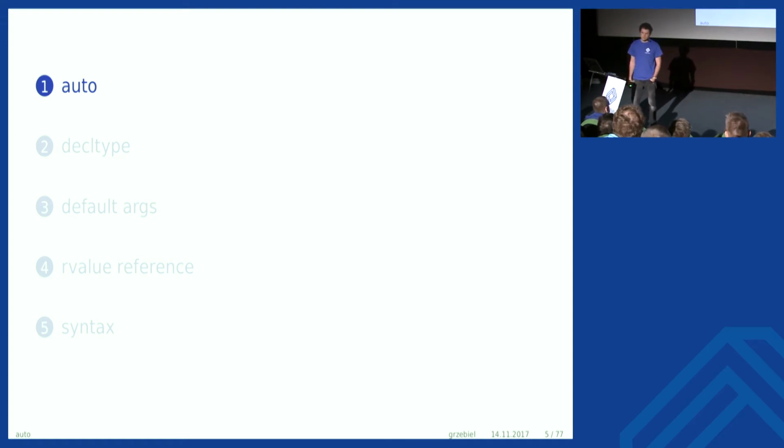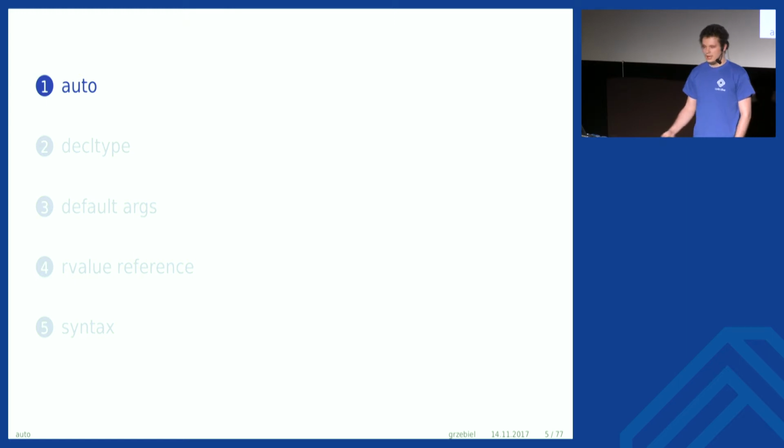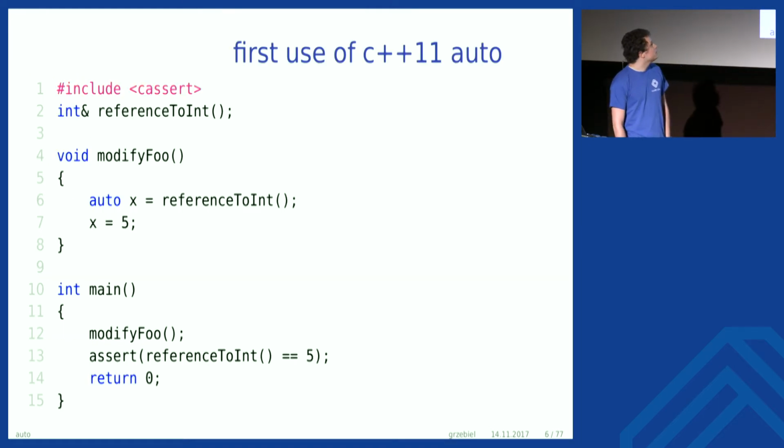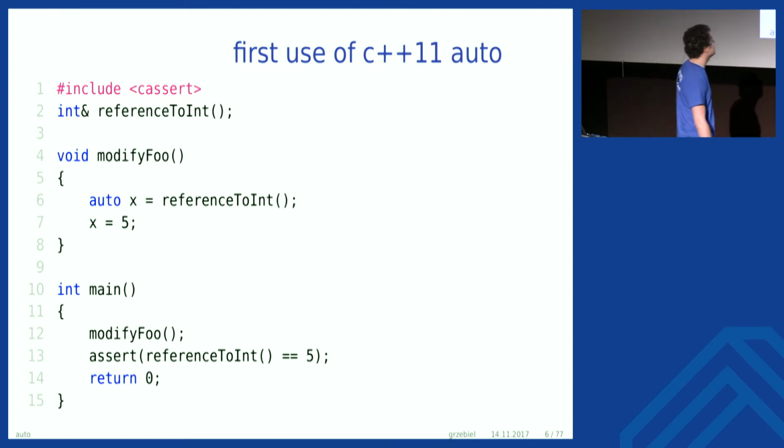So auto, introduced in C++11. It is actually where the idea for this presentation comes from, because I used auto for the first time when I finally got my hands on a C++11 compliant compiler, and after a while wrote something that more or less looks like this.